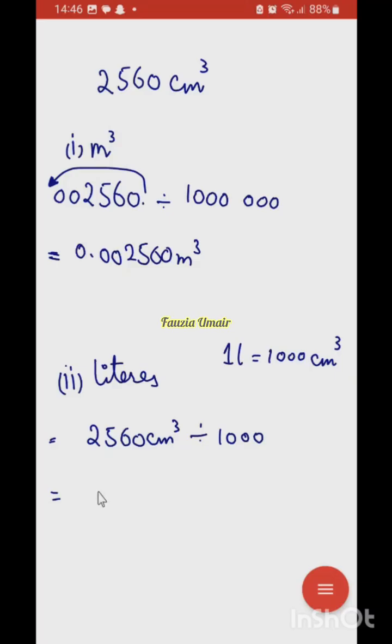Ma'am, we will divide it. So, ma'am, we have zeros, है ना? Ma'am, now the answer will be 2.560 लीटर्स.